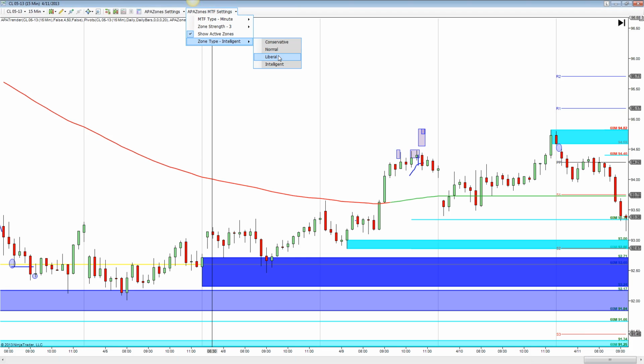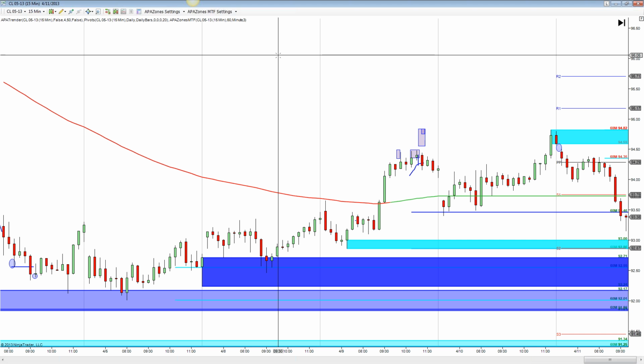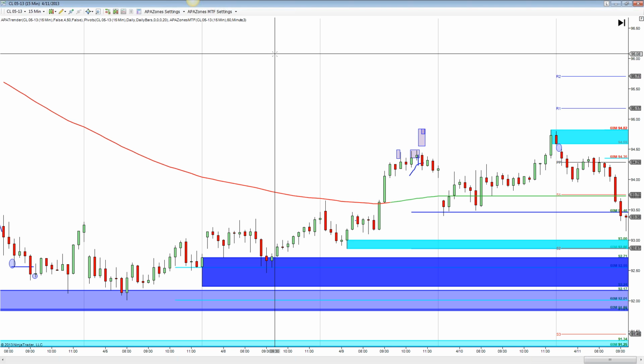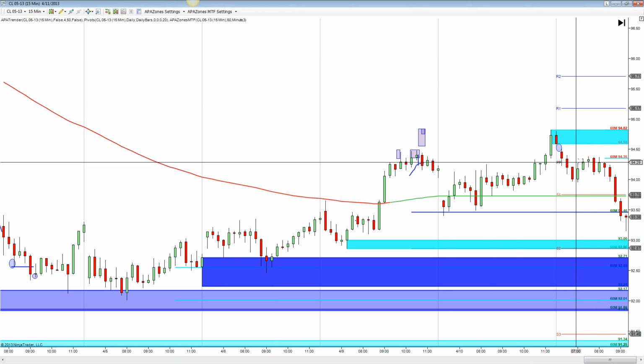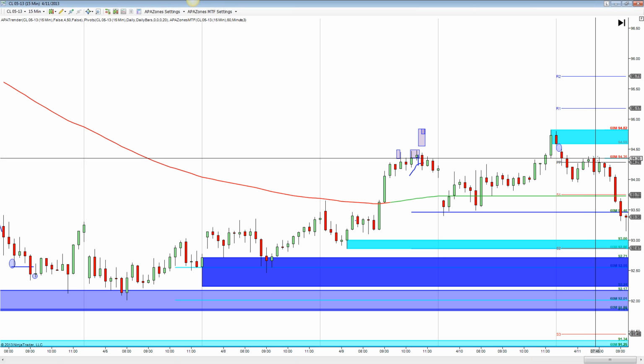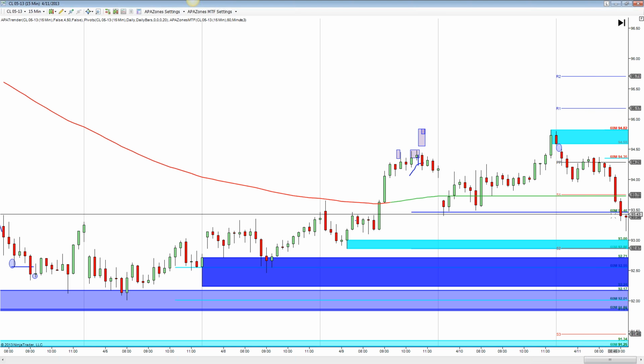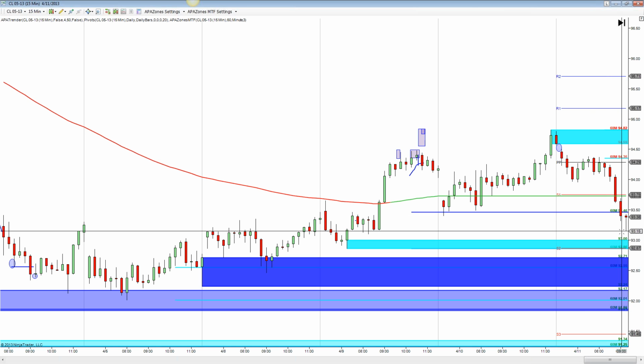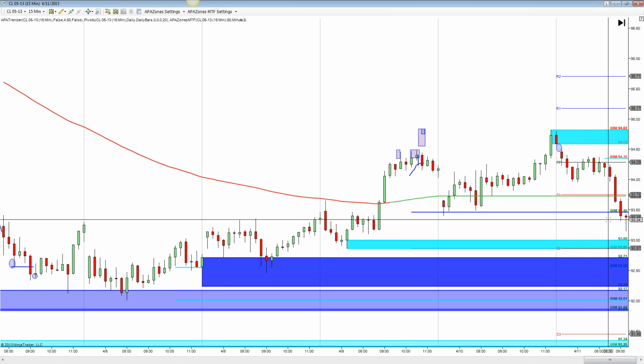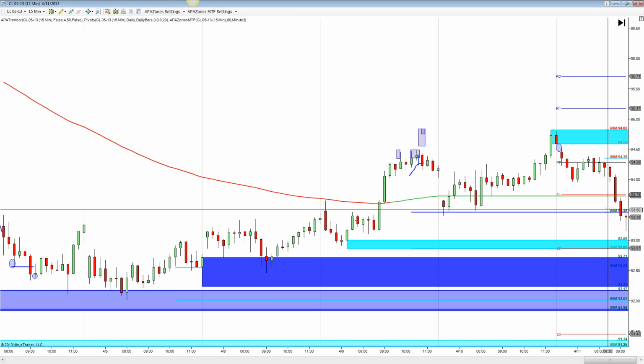So 94.40 compared to 94.35. Not much difference, but hey, that's 5 ticks, and that could make all the world of difference for you, as you can easily see that that was a nice little retest of that 60-minute area right there, and then a drop down. Okay, so that's to be noted in all this.